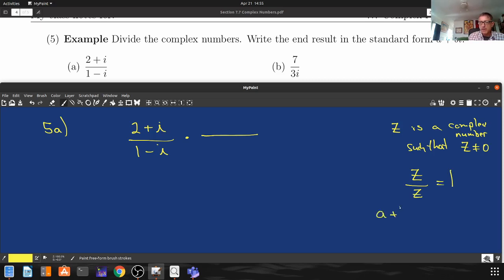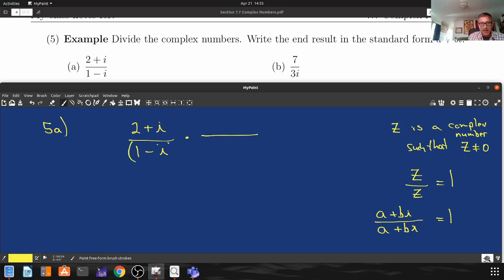So if a plus bi, if not both a and b are 0, and I divide it by itself, that's still going to be equal to 1. So I want to multiply this by a choice of 1.